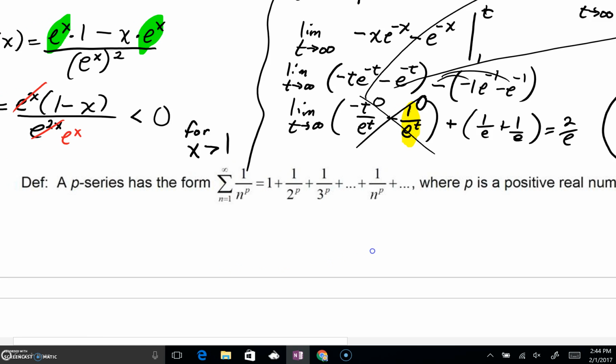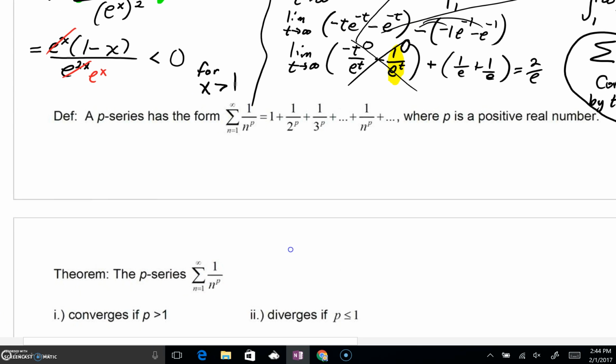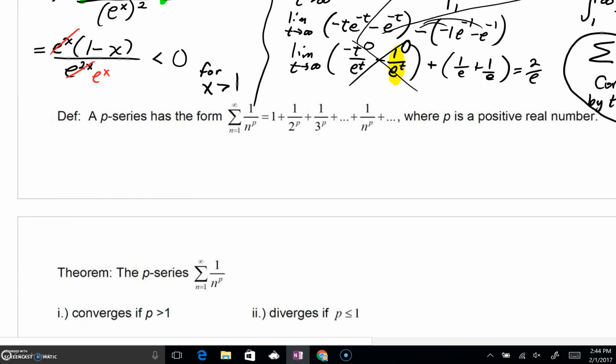And now we're going to go to something that honestly is just delightful. It's the P series. P could actually represent a power. Sometimes kids are wondering why it's called a P series. And what does the P series look like?